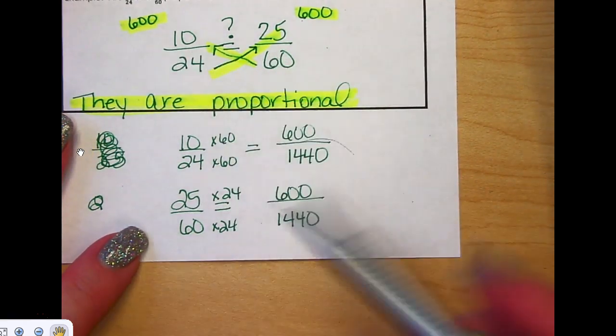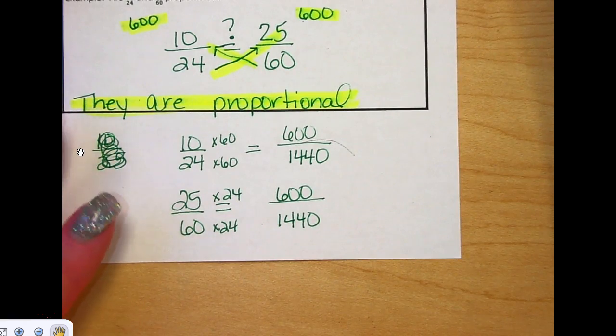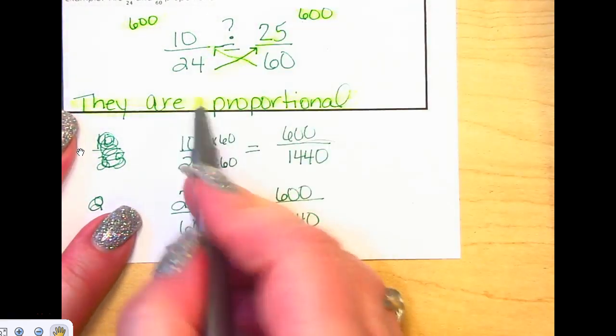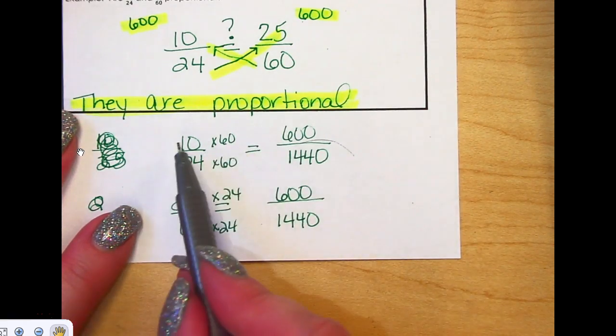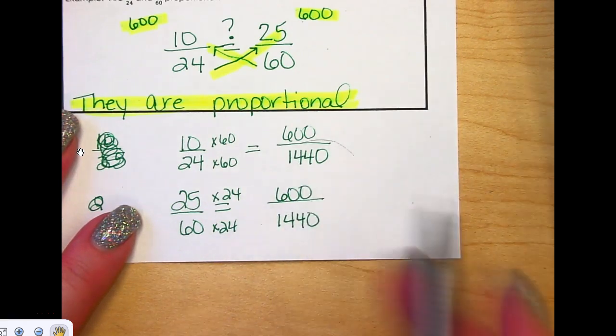Do you remember when we were adding and subtracting fractions? We did that cross this way, and then cross this way, and we said 24 times 60. It's the same thing. What we were doing was finding equivalent fractions that had a common denominator.